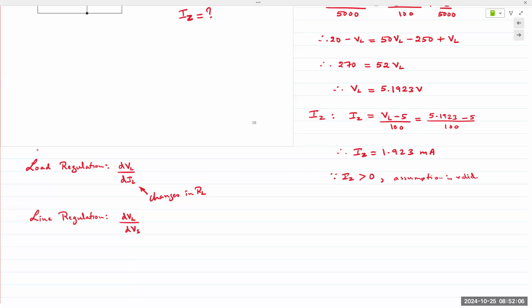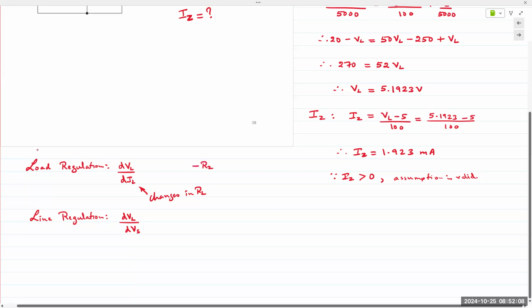Load regulation can be given by RZ parallel with the series resistance R, and line regulation by the ratio of RZ and R plus RZ.